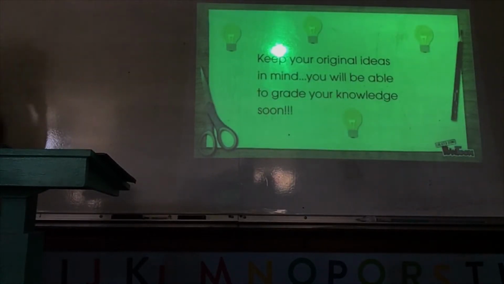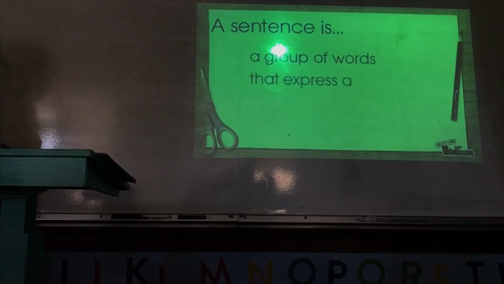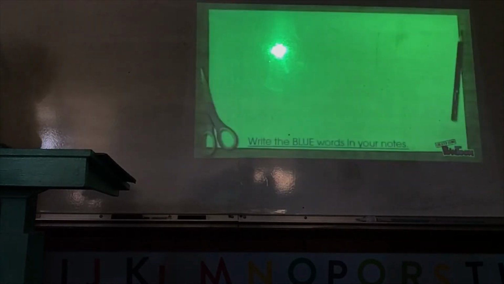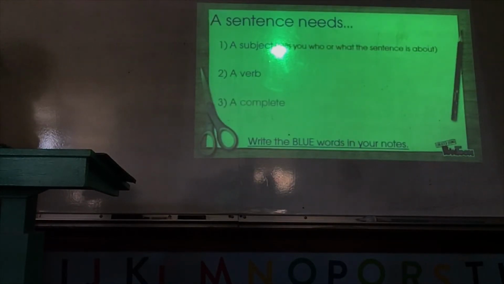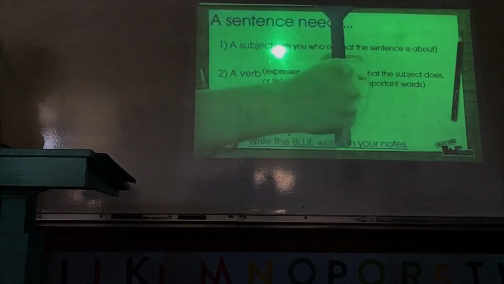To really understand a fragment, we must actually first talk about what a sentence is and means. A sentence is a group of words that express a complete thought. A sentence needs a subject that tells you who or what the sentence is about, a verb which expresses action, tells you what the subject does, or links the subject to other important words, and it needs a statement of complete thought.